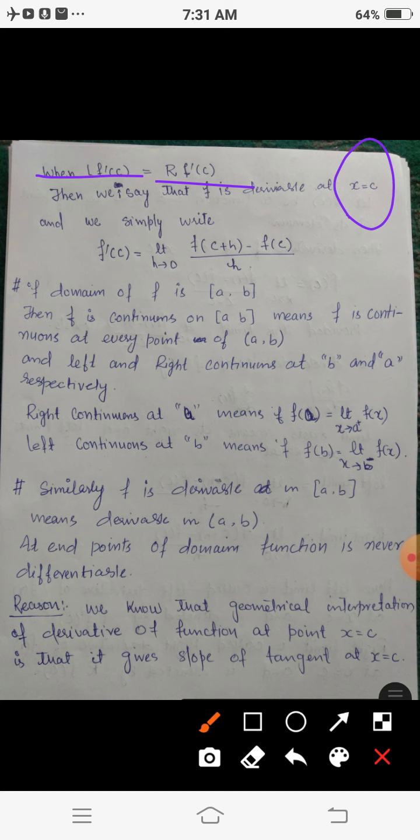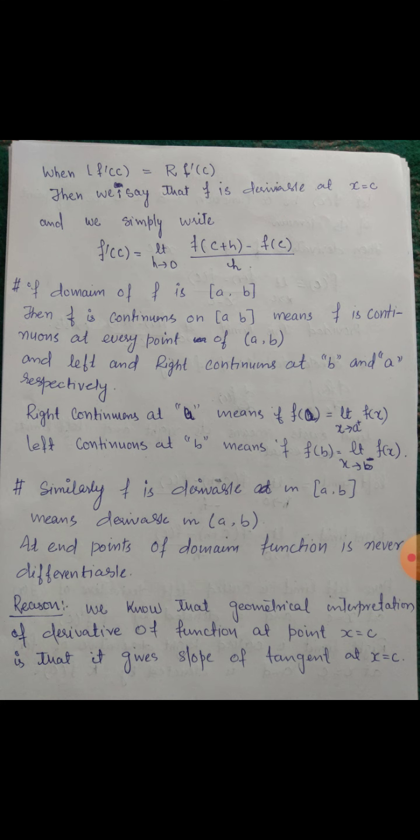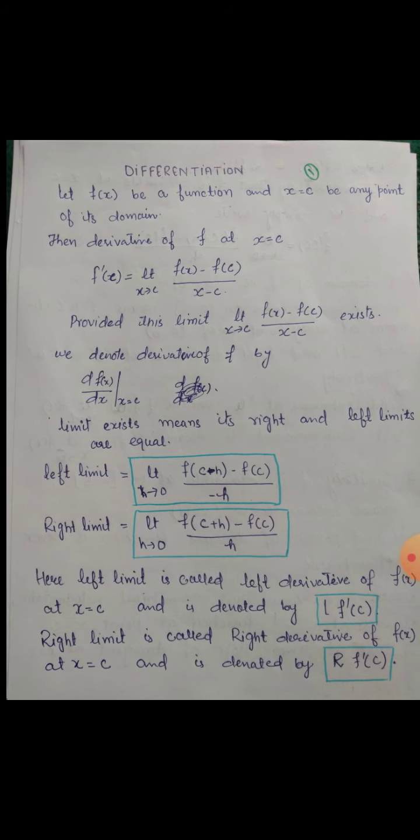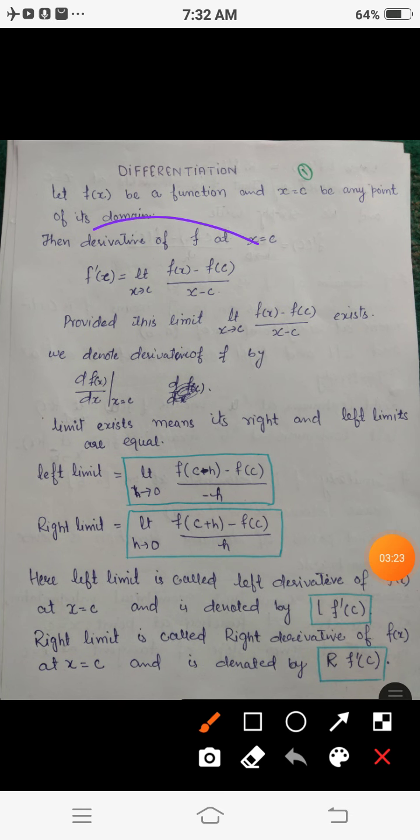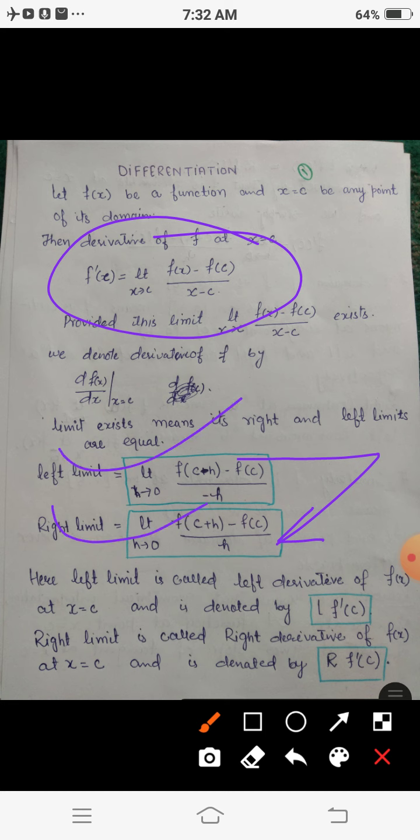When this derivative exists, it equals the limit as h tends to 0 of f of c plus h minus f of c upon h, because the left and right derivatives are equal. Since the left and right limits are equal, the value of these three limits is the same.